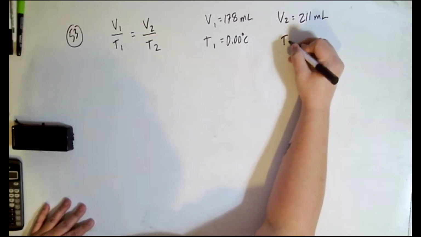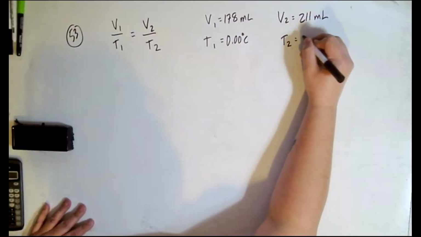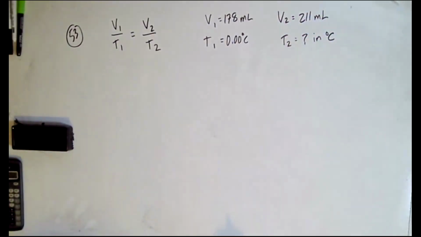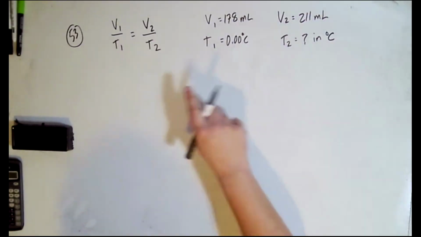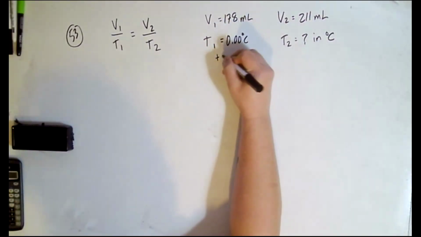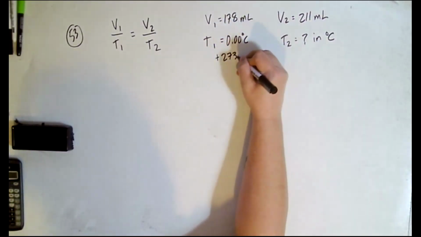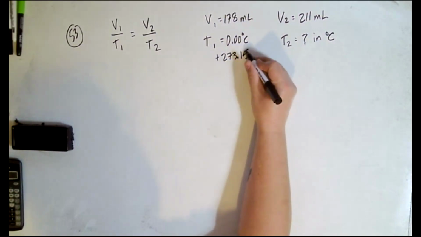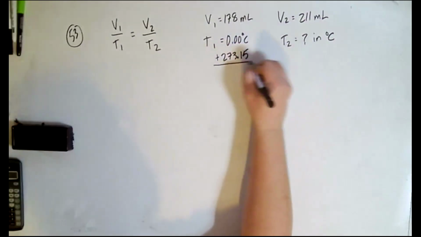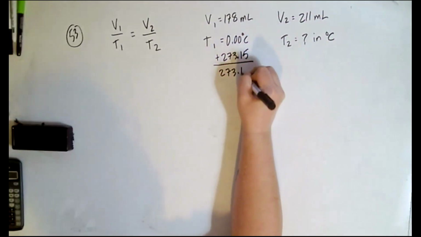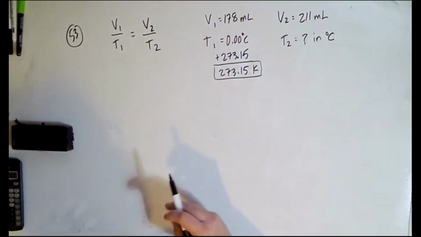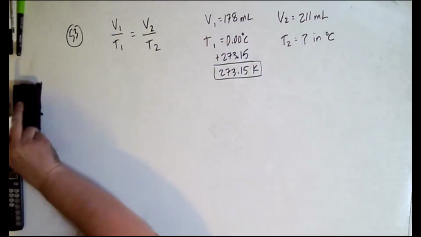And they want us to find the new temperature in Celsius. That's fine, but remember that we can't use Celsius in this equation. So we still have to add our 273. I'm going to put the 273.15 in this case because they gave us decimal places to work with. So we have to make sure to change this into Kelvin before we plug that in.